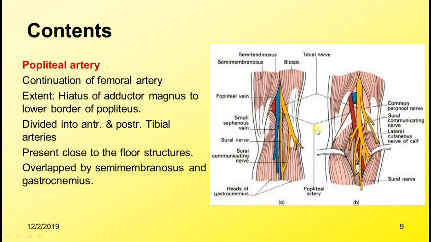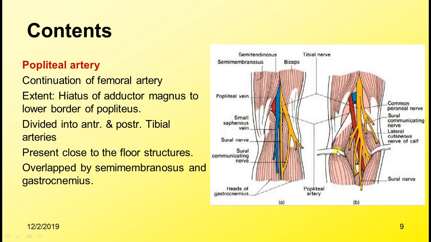Then superficially, in the proximal part it is overlapped by the semimembranosus muscle, and the distal part by both heads of gastrocnemius. Then in the middle, it is crossed by the popliteal vein as well as the tibial nerve.